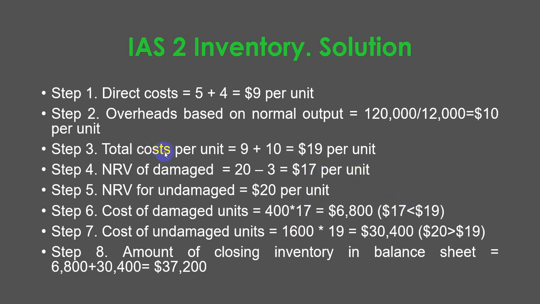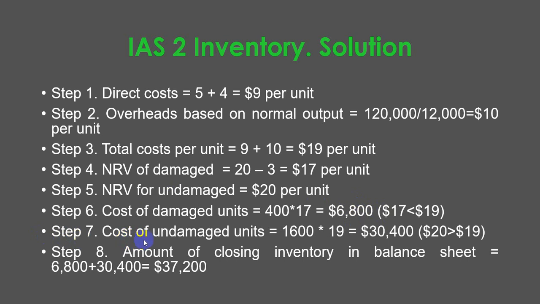Total costs per unit are $19. So in this case, NRV, net realizable value, is less than the cost of $19. That's why we multiply here by 17, and this gives us the cost of damaged units in the amount of $6,800.